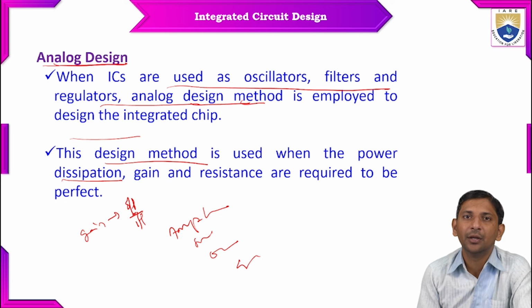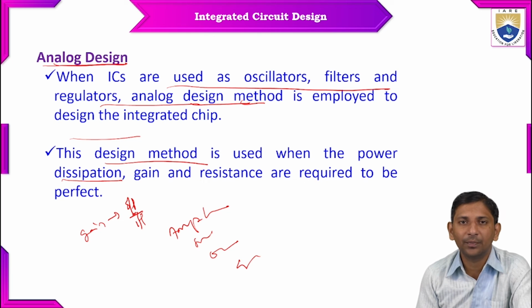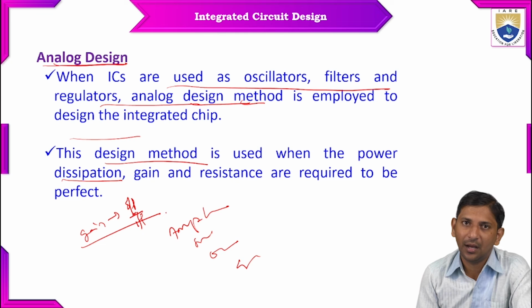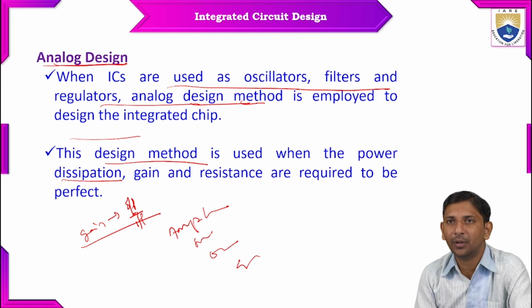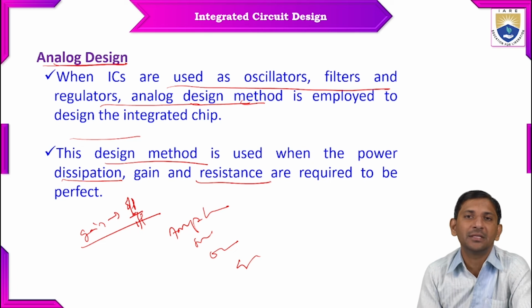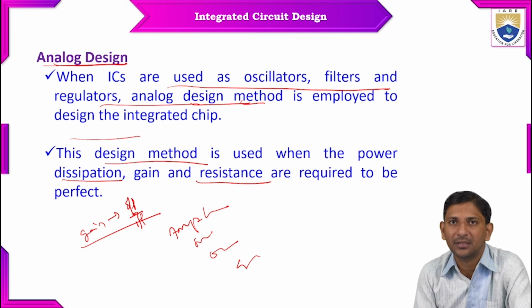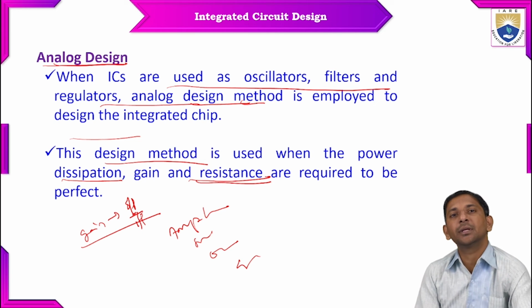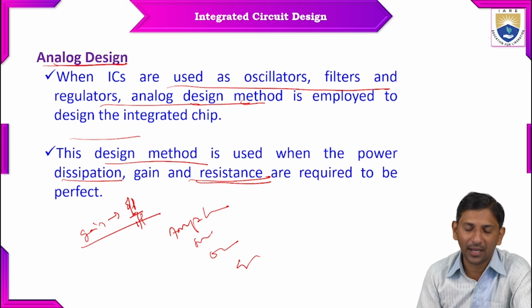When your gain is high, it gives a high output voltage, so the strength of the circuit operation is more, and the power is very low. High input impedance, high resistance, should be present in analog ICs. This has to be remembered while designing an analog IC.